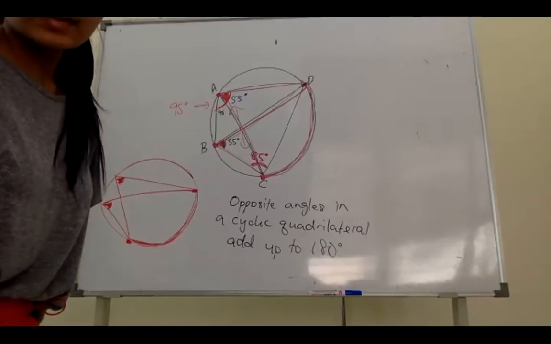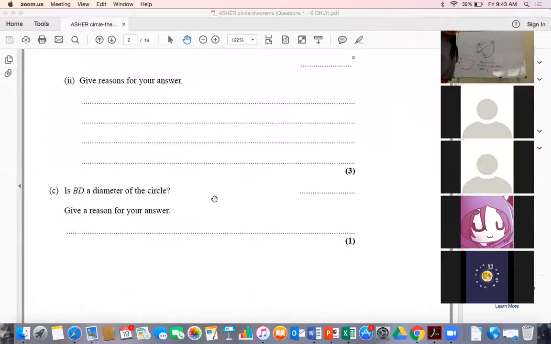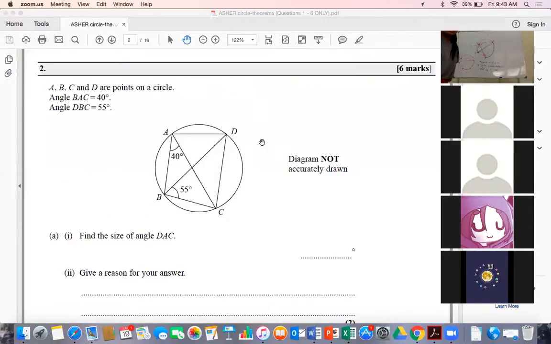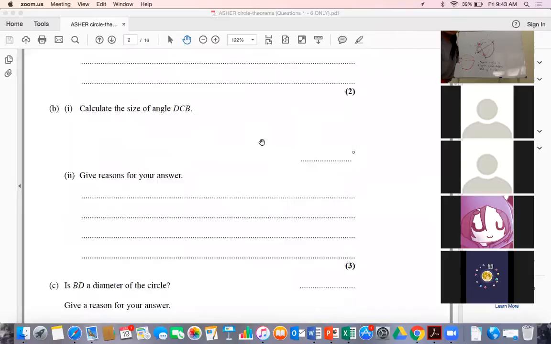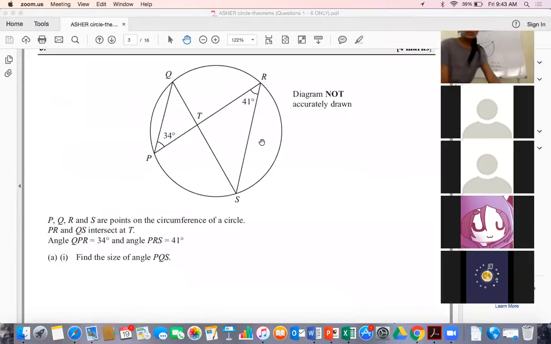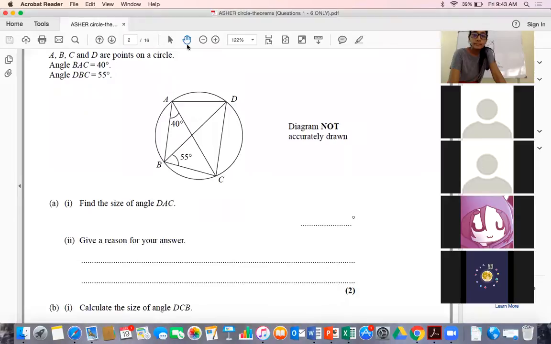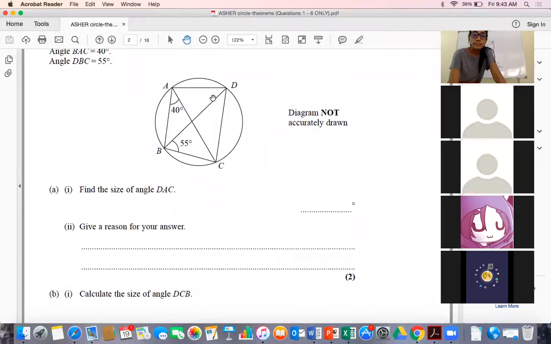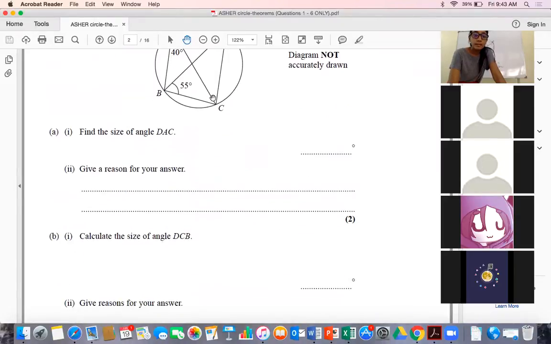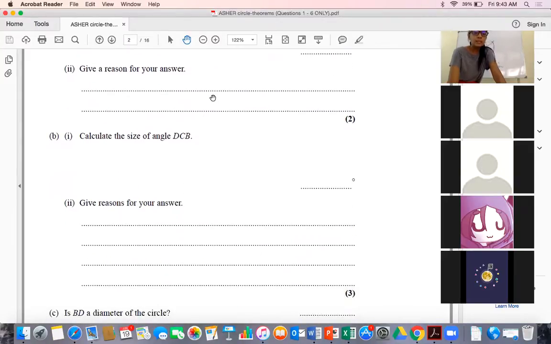Okay, let's look at the next one. And the question asks, is BD a diameter of the circle?